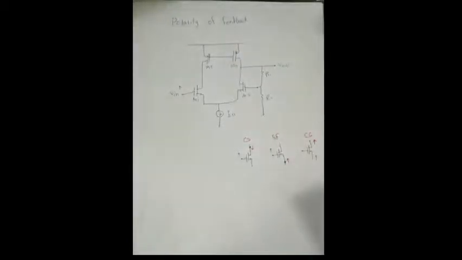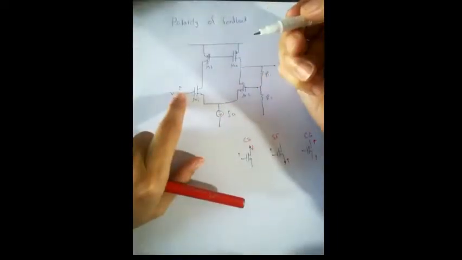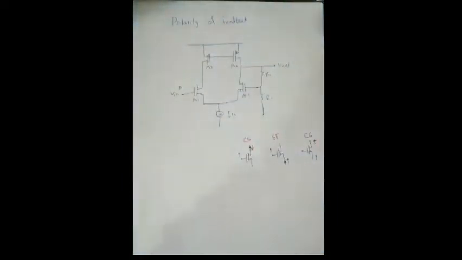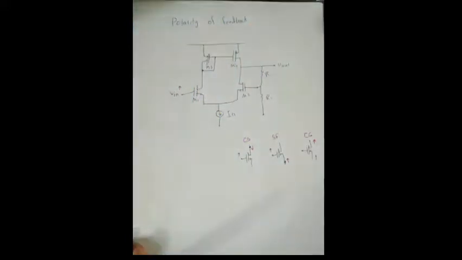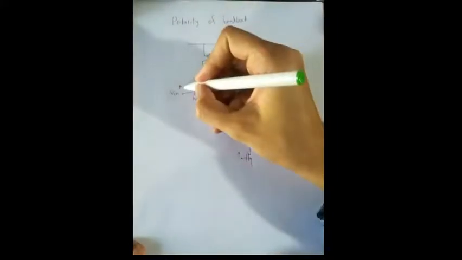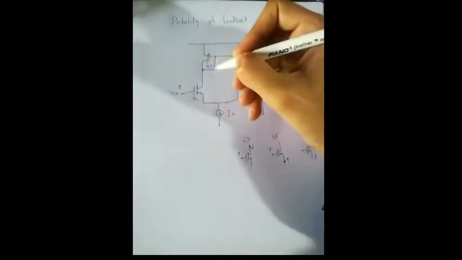So let's see what's going to happen, and let's do this with another color. If I increase this input voltage here, what I expect at this node, according to what we did here, is that this node will go down.